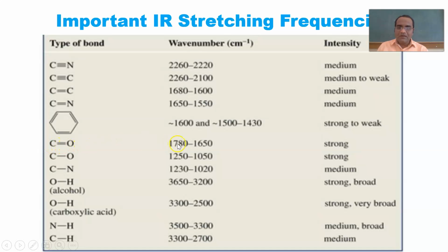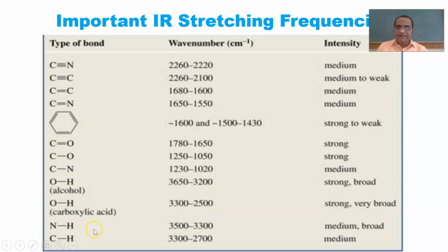For carbonyl it is 1780 to 1650 and its intensity is quite strong. This carbonyl is again bifurcated. In some books it is given as carboxylic acid. Whenever it is a carboxylic acid, the OH will also give a stretch in the region of 3300 and the intensity will be strong.